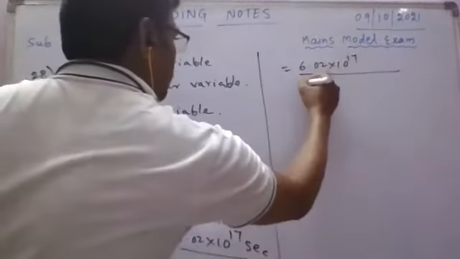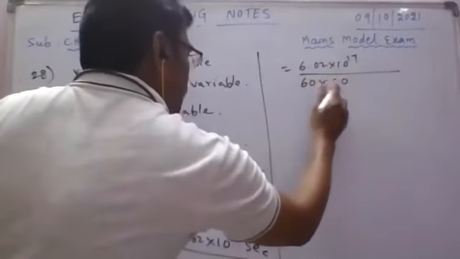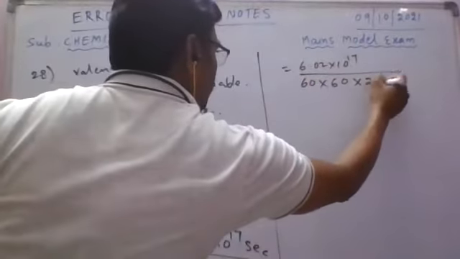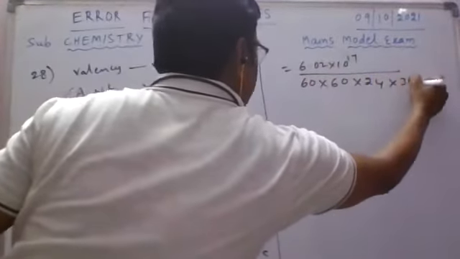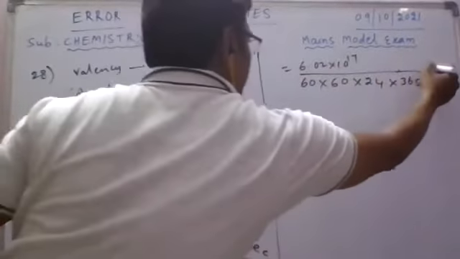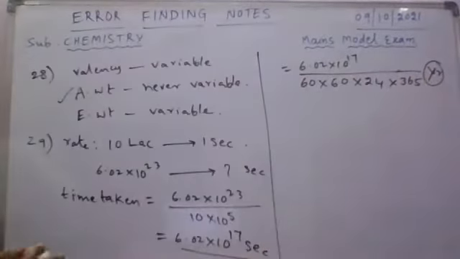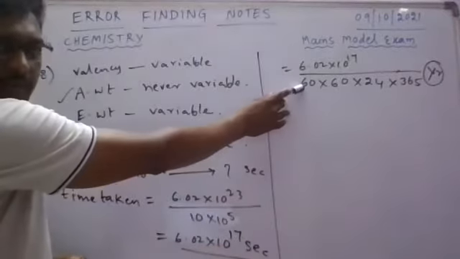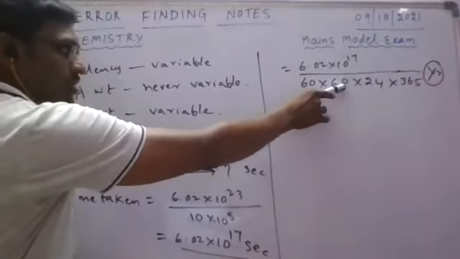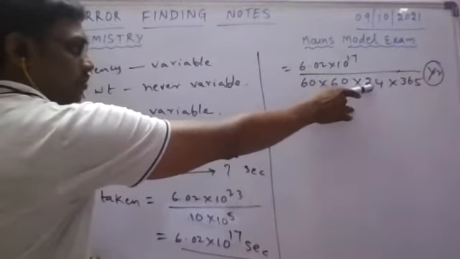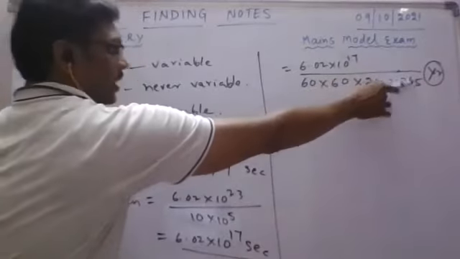seconds converted into minutes, minutes converted into hours, hours converted into days, days converted into years. Then you get years. Now seconds converted into minutes by 60, hours by 60, days 24 hours per day, years 365 days per year.